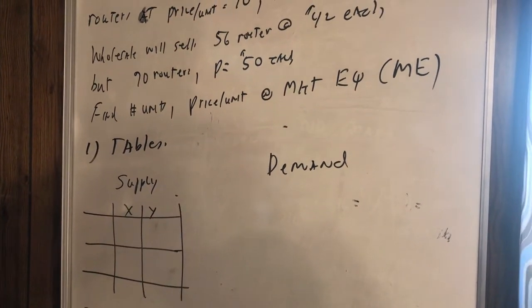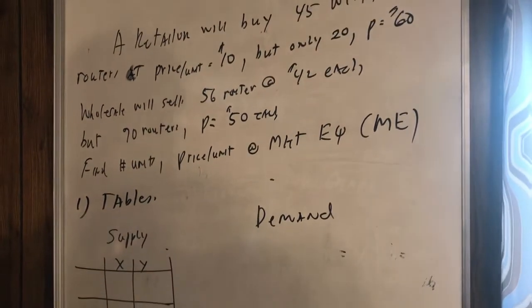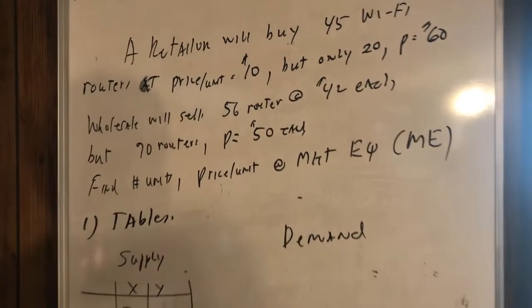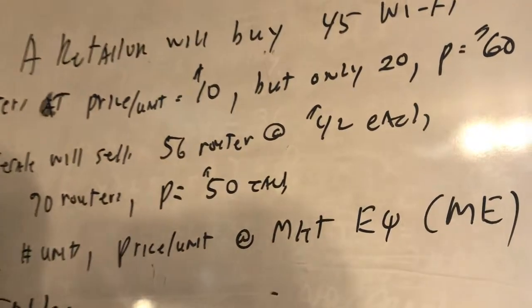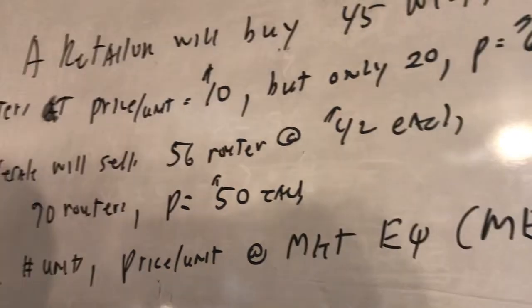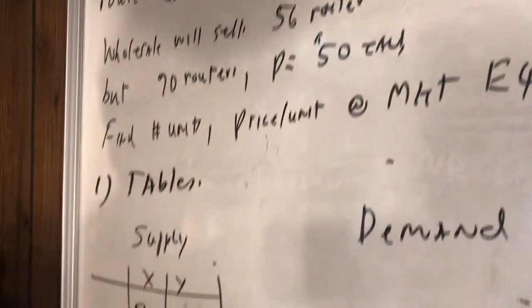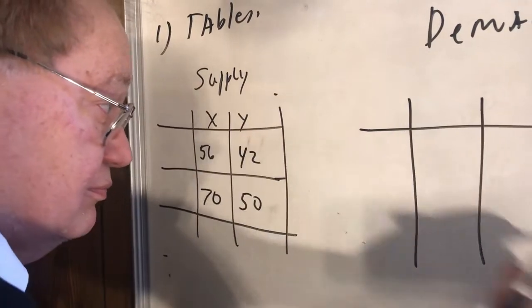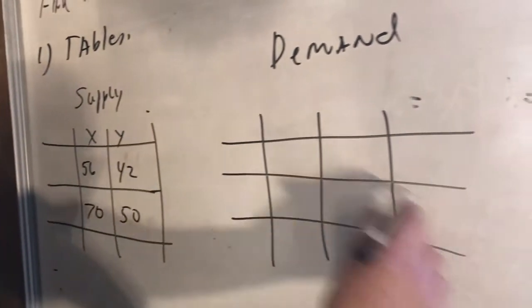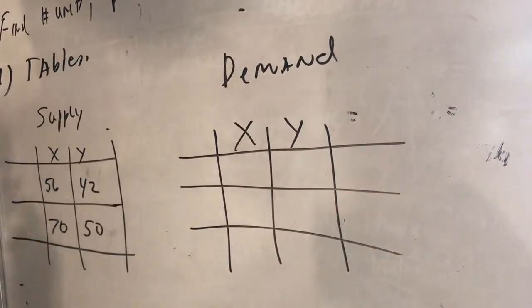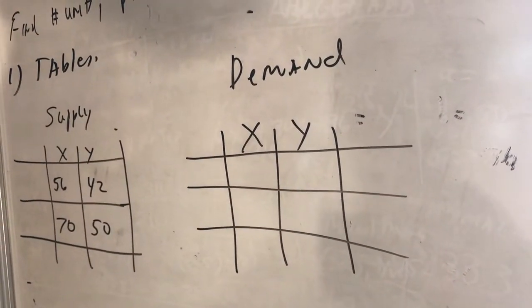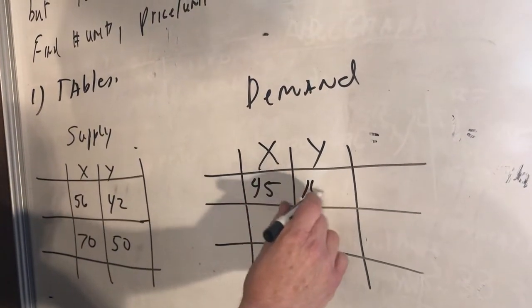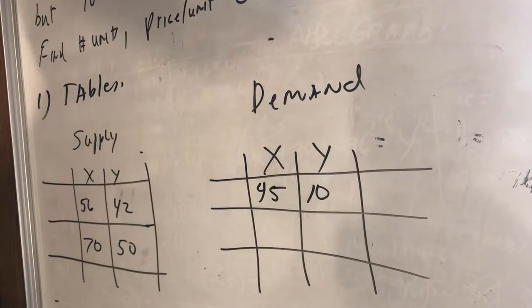Your wholesalers will supply 56 routers at a cost of $42, and 70 routers if it goes up to 50. Now your demand says I'm going to buy 45 at 10, but only 20 at 60.